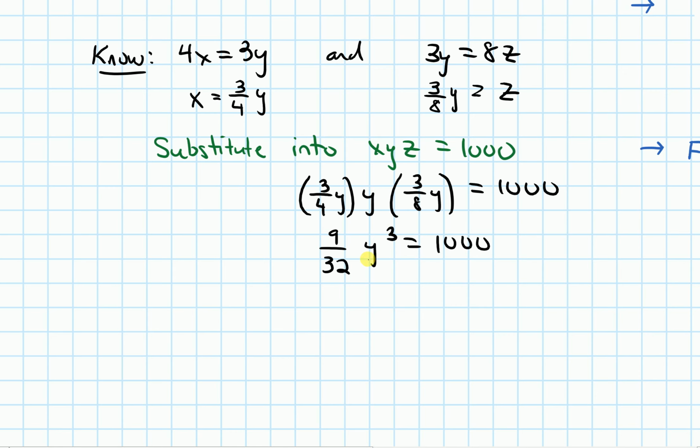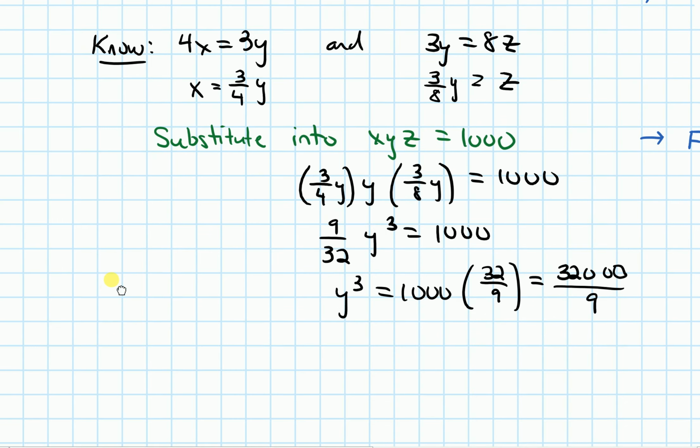And I can isolate the y cubed now. We get y cubed equals 1,000 times, and I'd have to multiply over the reciprocal, 32/9. And multiplying that by 1,000, we will get 32,000/9. In fact, let me just make that clearer. 32,000/9.